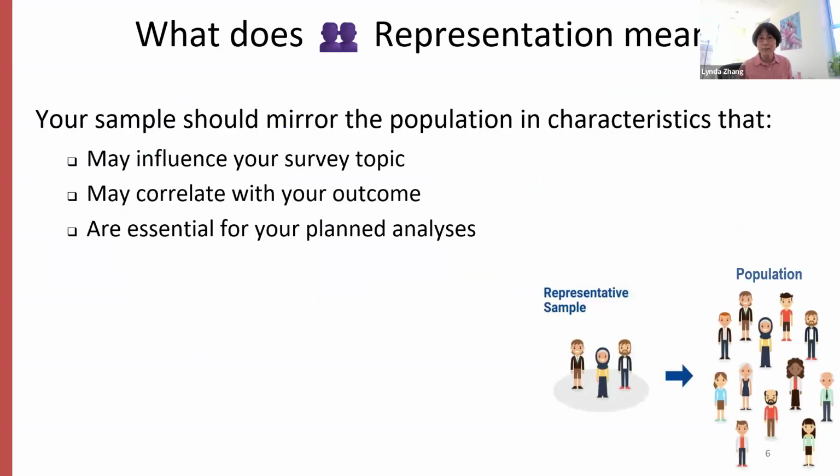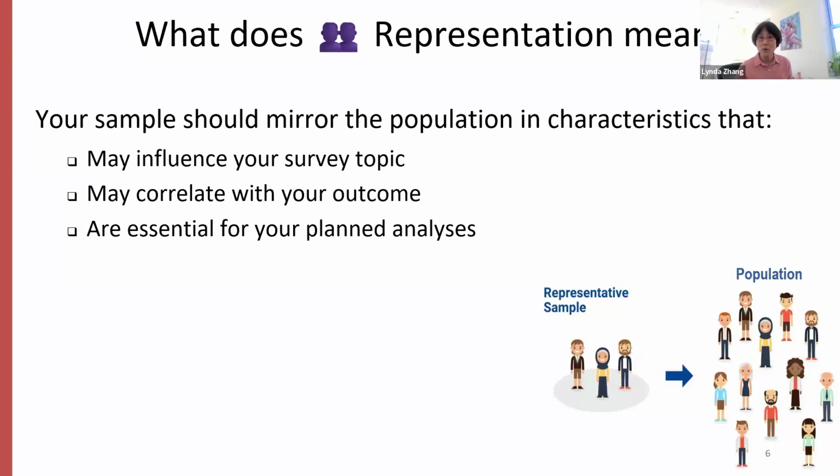What about other characteristics? It's important to have your sample mirror the population in characteristics that are important to your survey topic, correlate with your survey outcome, such as satisfaction with IT services, or are essential for your planned analysis, such as by demographics or by school.